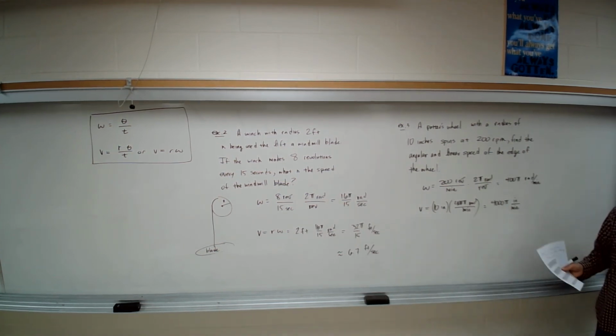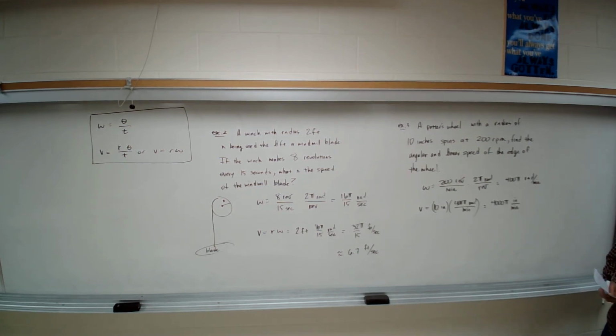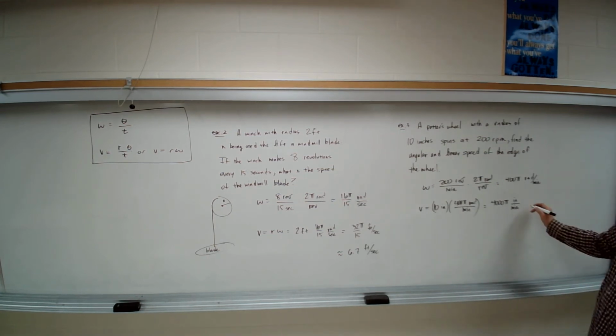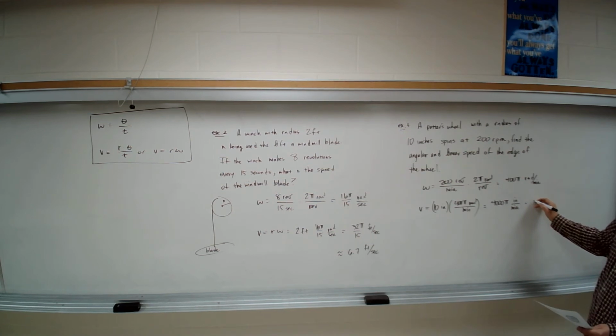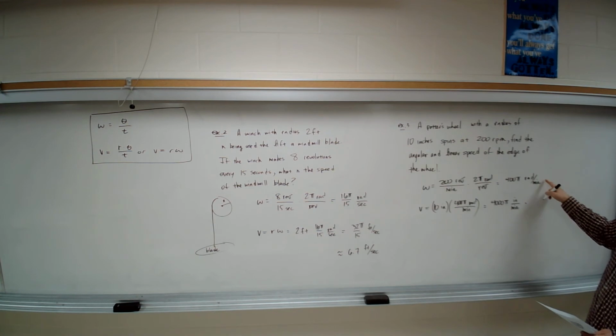What do you think would be a better unit? Do you want to maybe do inches per second? That might be reasonable. Or you could do feet per minute, or you could do miles per hour if you wanted to. I don't want to do that really. So let's go ahead and take this and multiply it by, oh, actually this was inches per minute.